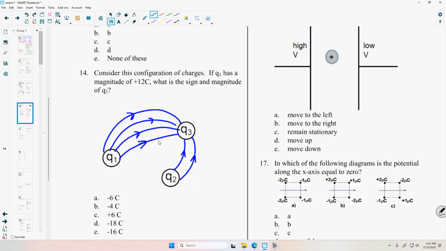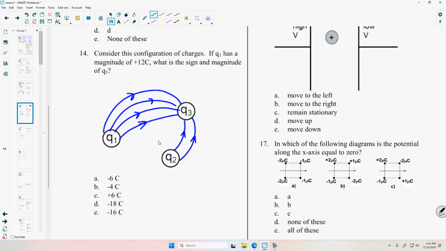So what is the sign and magnitude of Q3? Well, Q3 is positive or negative? Negative, because those lines are going in. So that means I can get rid of C. And then I'm telling you that Q1 is 12 coulombs. I like to look at that and ask how much each line is worth, so to speak. That's the way I approach these. So if that's 12 coulombs, that means each of these lines is 3 coulombs.